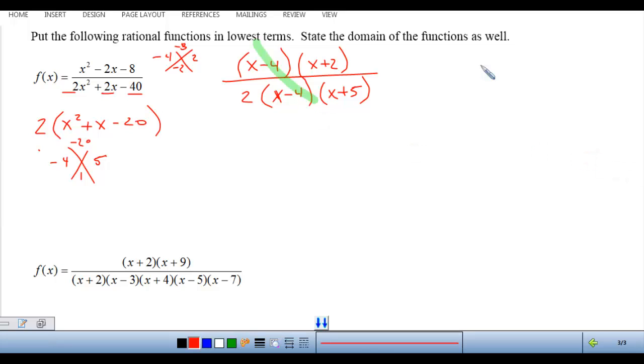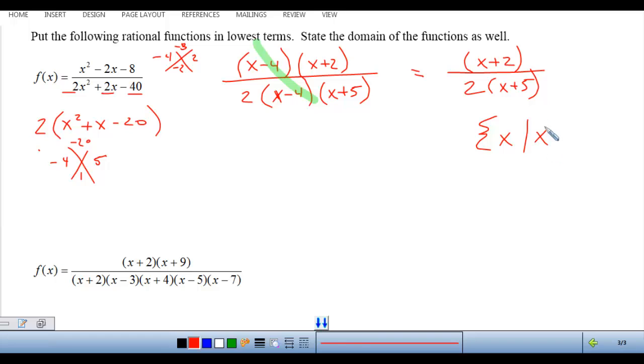Now when you graph this, that will still play a factor. That will create a hole, or a domain restriction. So there's still a restriction at positive 4 because that is in the denominator. Even though we can factor it out to produce the same graph, there is still that domain restriction. So it does create a hole.